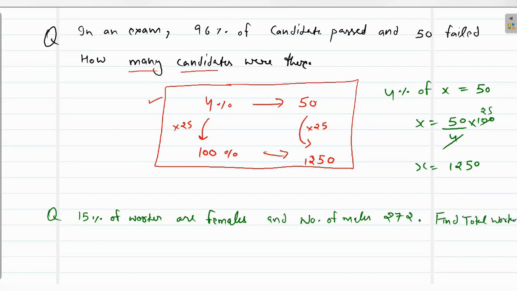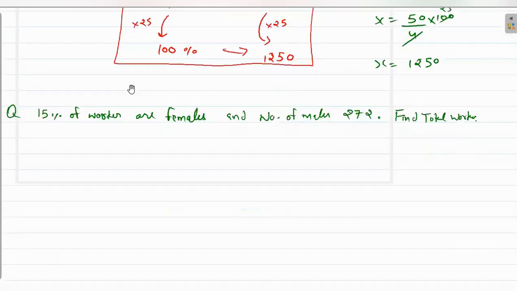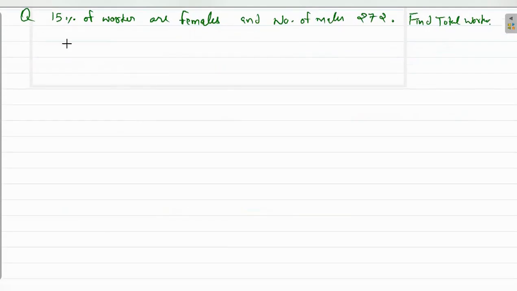So how are we going to find out the total workers? What will you say? 100 minus 15 is how much? 85. We're going to say the percentage of male workers is 85%, like 100 minus 15 percent.